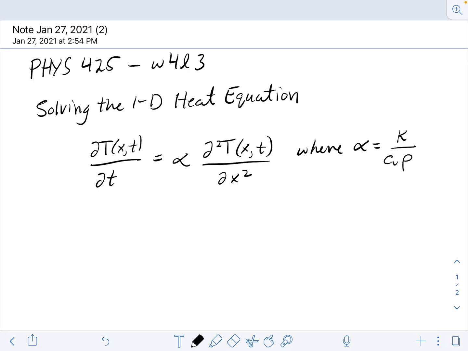We didn't do anything with this 1D heat equation in the last video, and so what I want to do today is to consider a particular experimental geometry and solve it. And we're going to do it for a couple reasons. One is that it's satisfying to just solve a problem from start to finish.